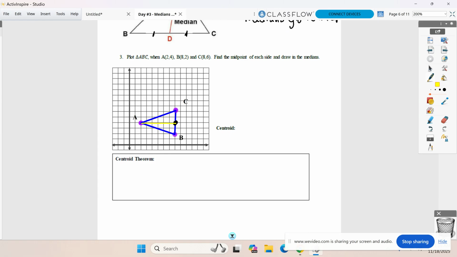Medians. Yeah, that darn midpoint formula we used last week, or used on Friday, I think.